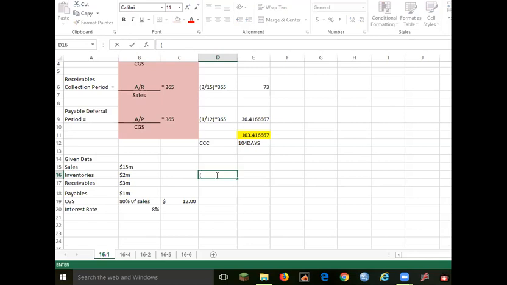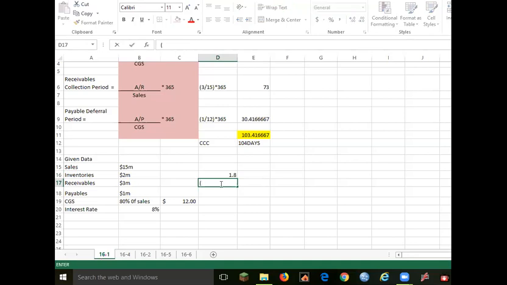So inventories are 2 million minus 10%. So the new inventories would be 1.8 million.